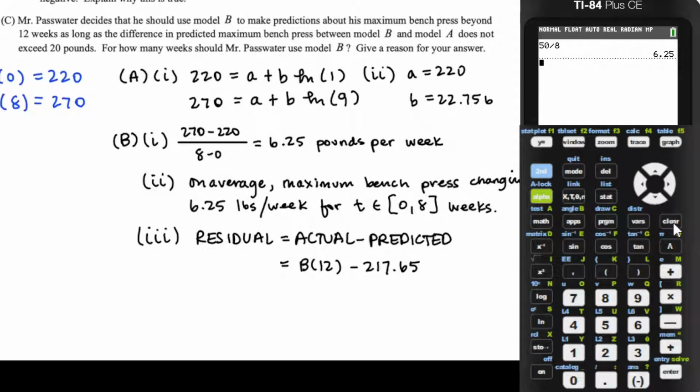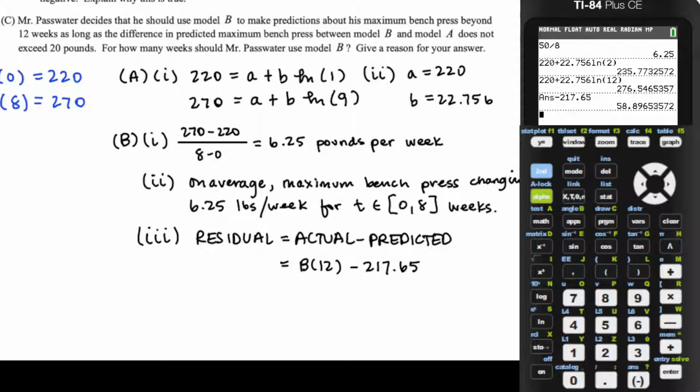All right, so B of 12, I've got, it's A plus B natural log of, there it is, 12 was natural log of 2. All right, and 276.547. Oh, but wait, that's my B of 12, and then I'm going to take the answer and subtract 217.65.